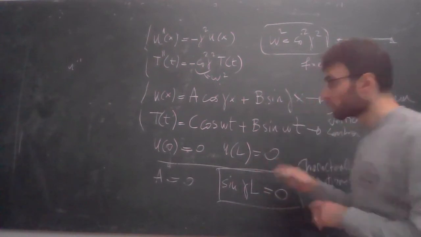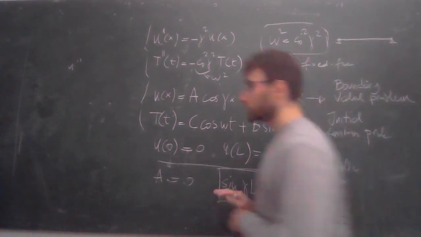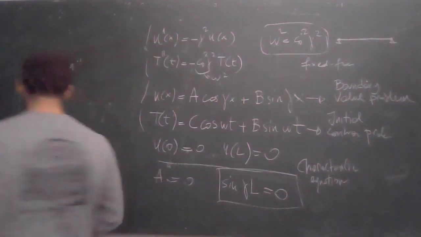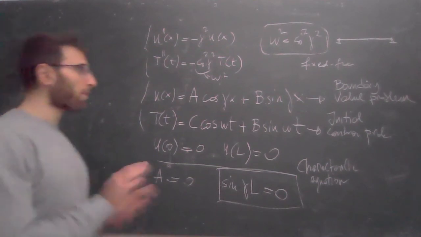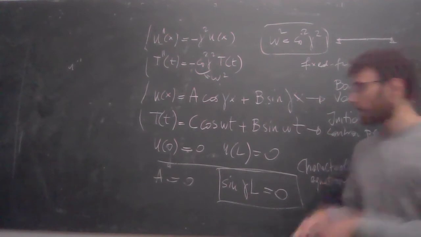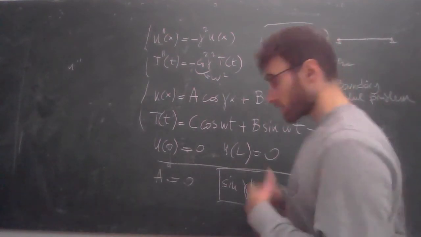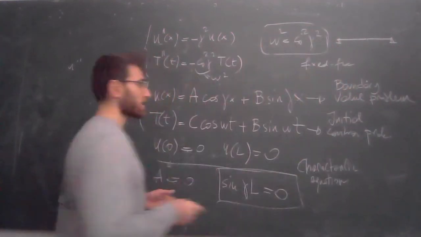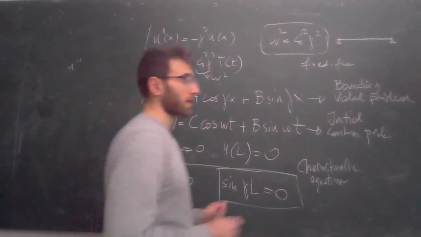So when we deal with dynamics of continuum media, the characteristic equation comes from the boundary value problem by imposing the boundary conditions. And they are particularly simple in the case of a fixed string.